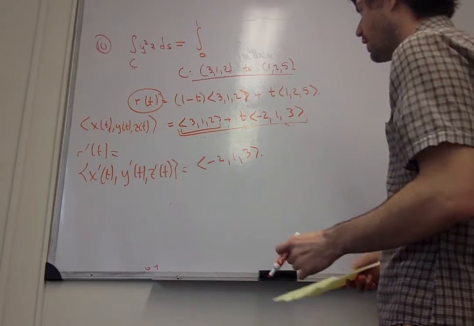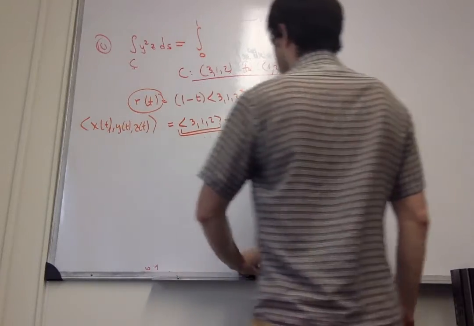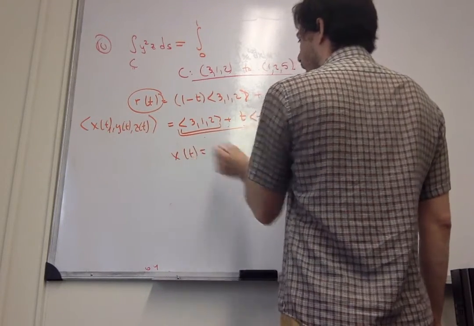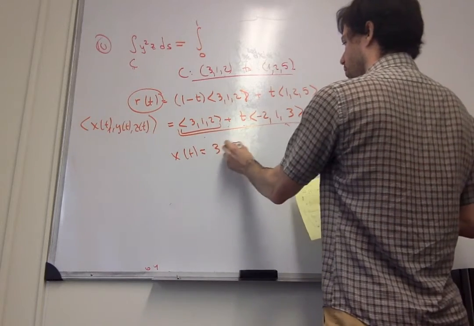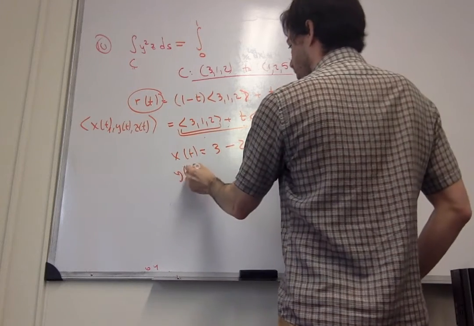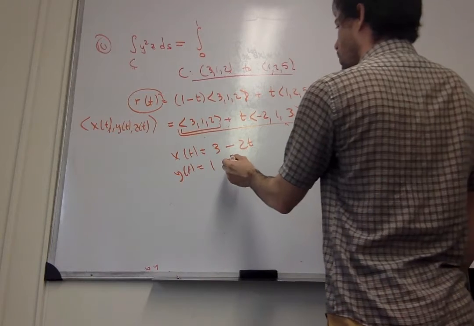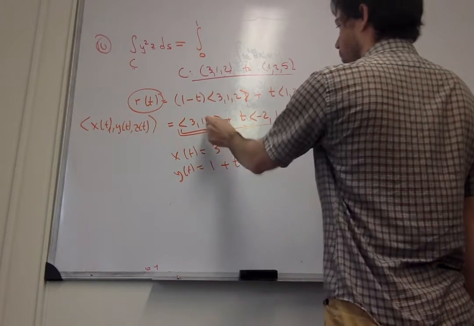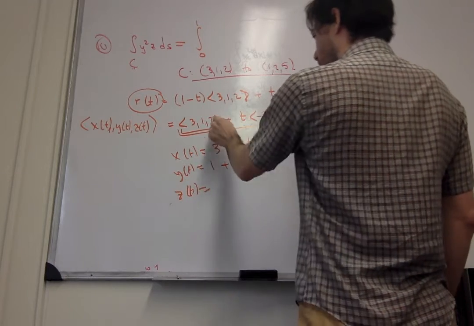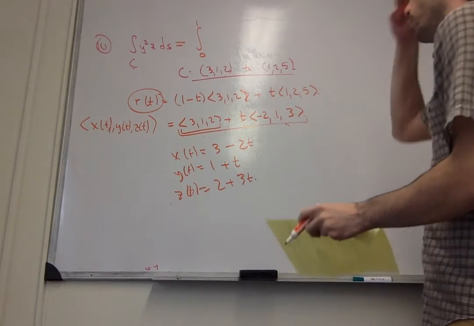The reason I prefer it that way is because now I can look at this really easily and see x of t is 3 minus 2t, y of t is 1 plus t, z of t is 2 plus 3t.